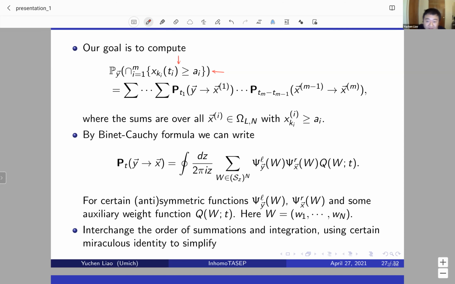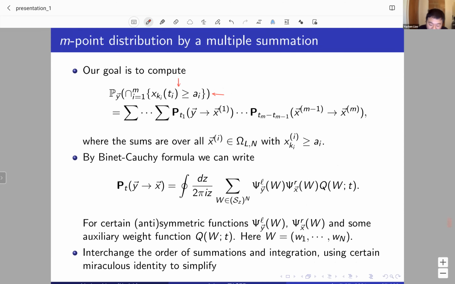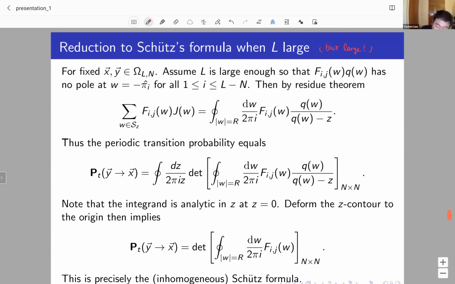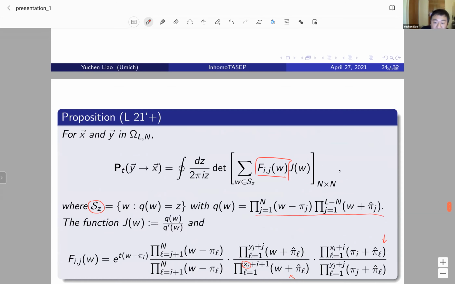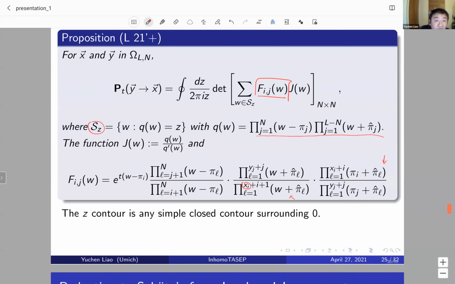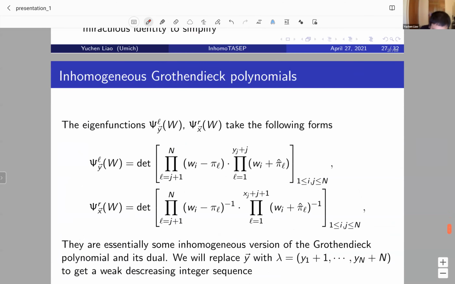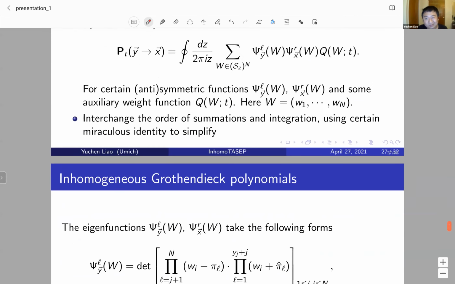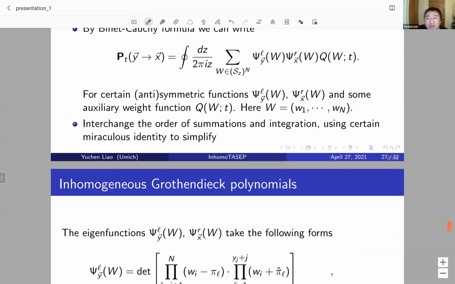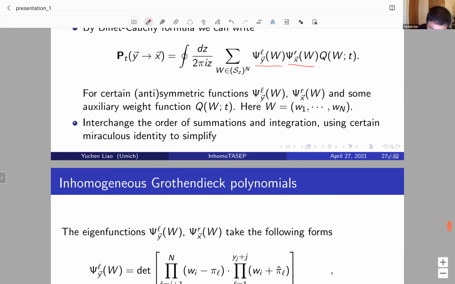And then if you look at the transition probability, you can split this determinant, whose entries are given by the sum, as a sum of products of determinants using the Binet-Cauchy formula. And the determinants appearing there turn out to be essentially the left and right eigenvectors, which I would call phi_L and phi_R.